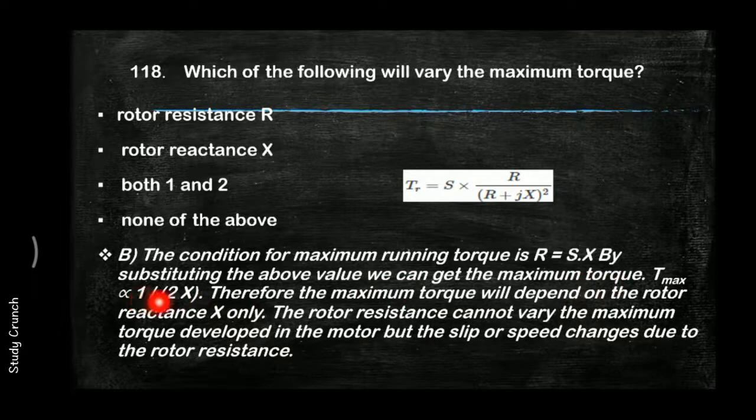So T max is directly proportional to 1 by 2X. Therefore, the maximum torque depends upon the rotor reactance X only. So the resistance cannot vary the maximum torque developed in the motor, but the slip or speed changes due to the rotor resistance.